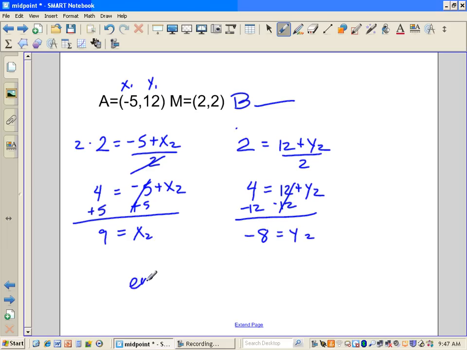So my endpoint is 9 and negative 8. You can fill it in here, 9 and negative 8. Again, if you're not sure, you need to check your answers, go ahead and plot the coordinate points on a grid, and you should be able to see the midpoint and that it makes sense.